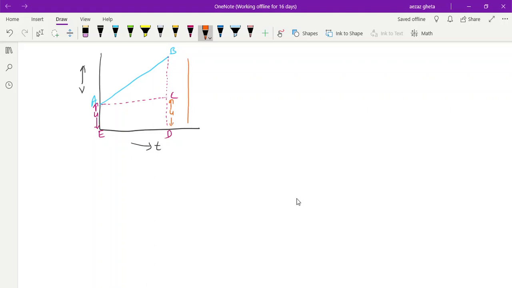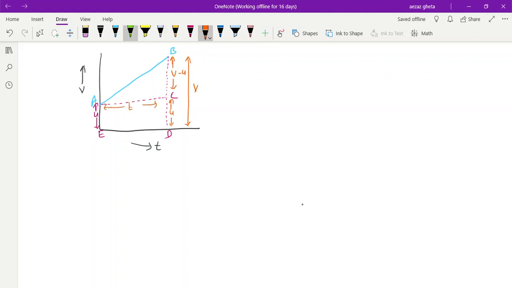This total is v, and this is the change in velocity, and this is time.